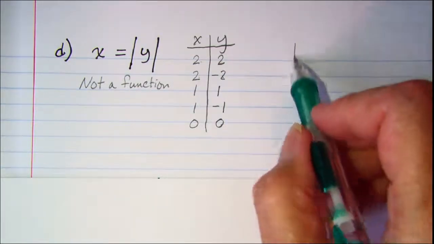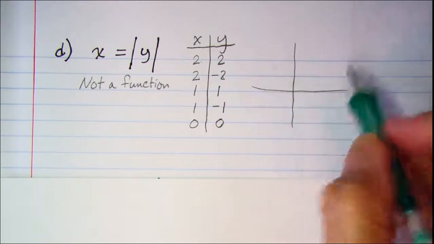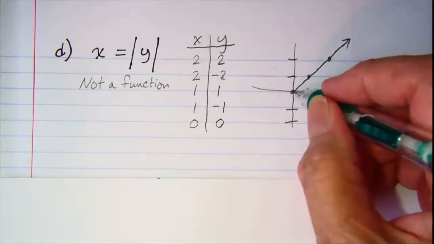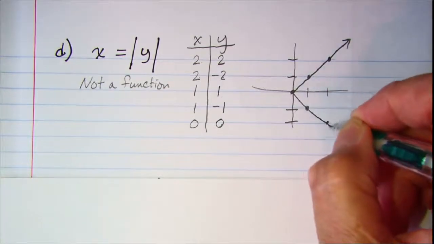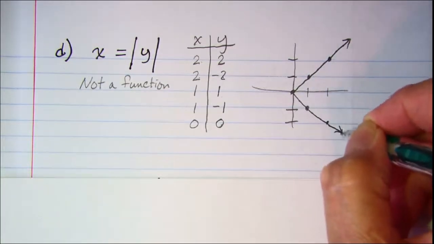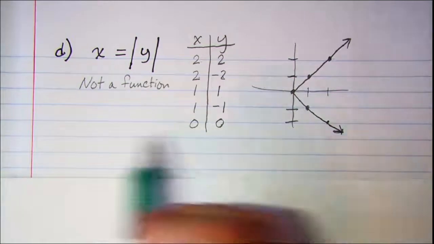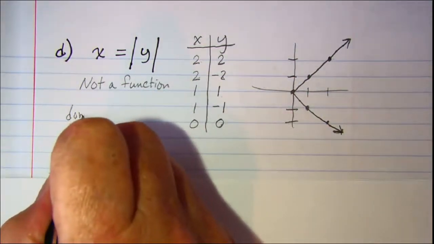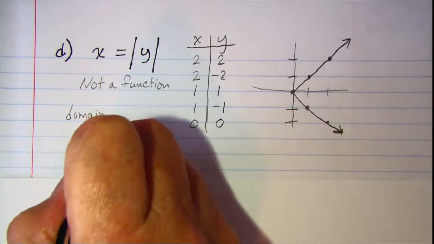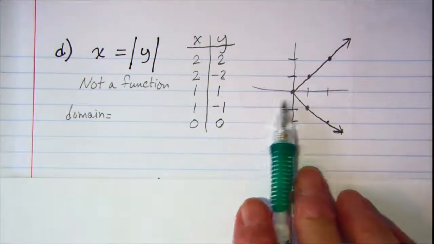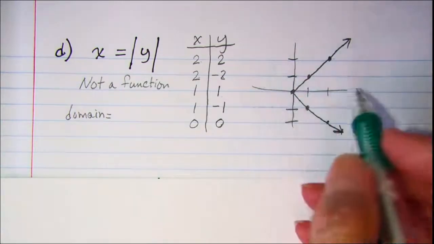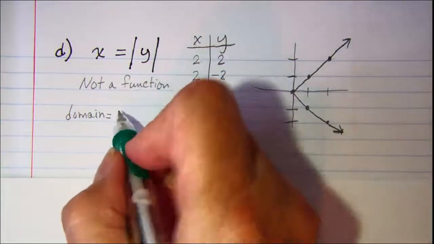Let's look at the graph on this. So our graph for this relation looks like this. So our domain we can see from our graph. We're going to start at 0 and then go on forever in the positive infinity.